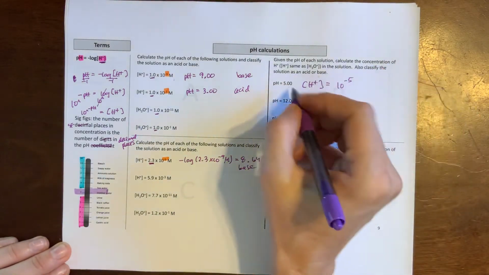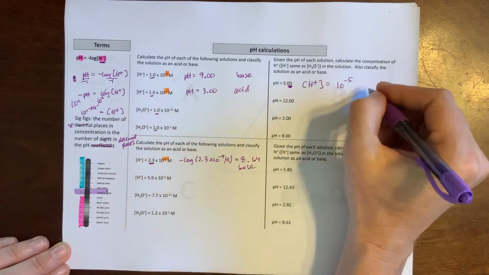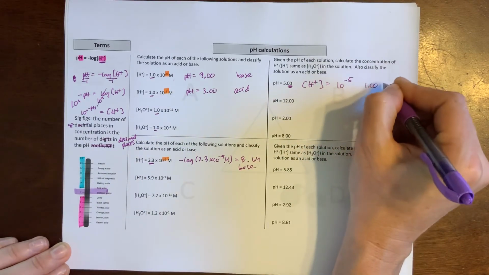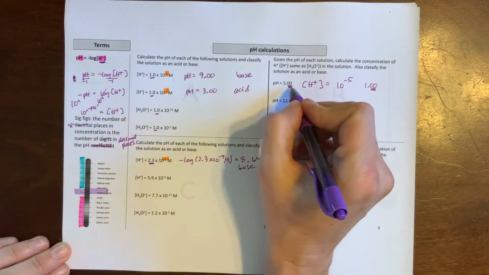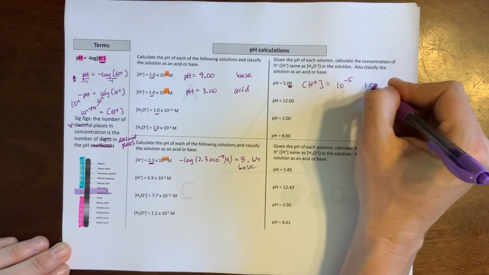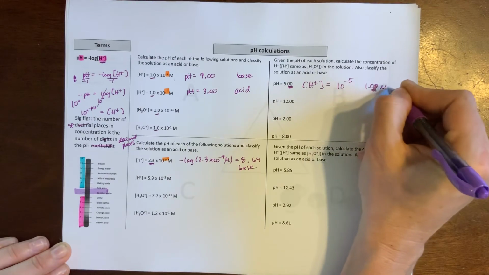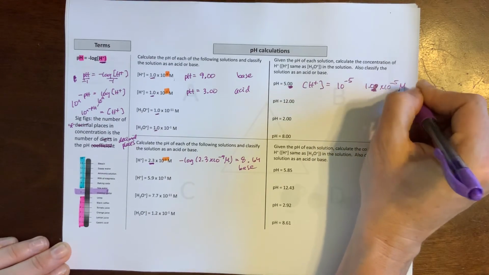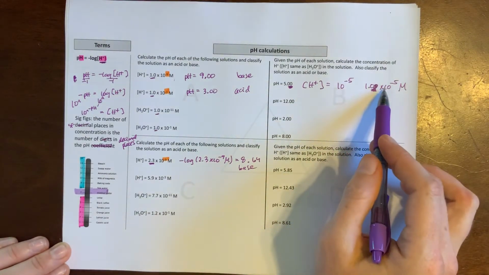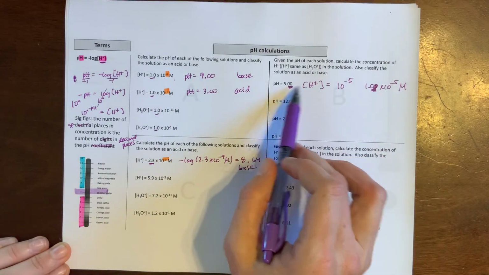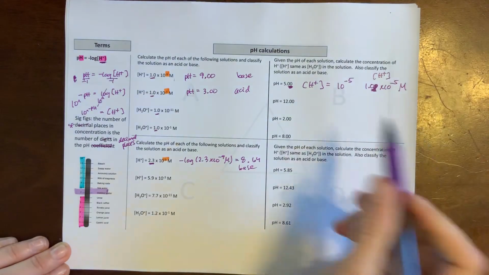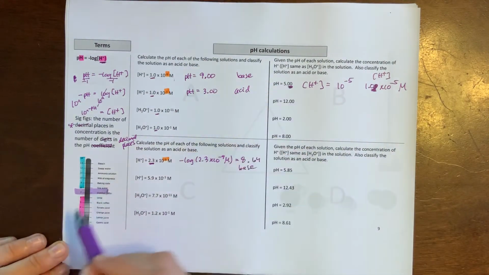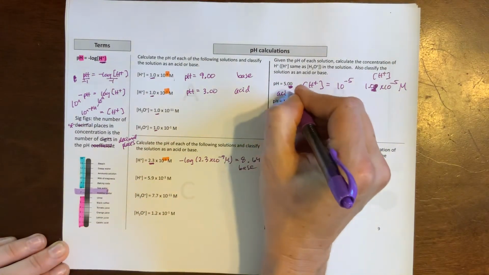To show significant figures here, remember the number of decimal places was the number of sig figs here, so 1.0 times 10 to the negative 5 molarity is what I'm looking at here. That is the concentration of my protons. pH of 5 is low, so this is an acid.